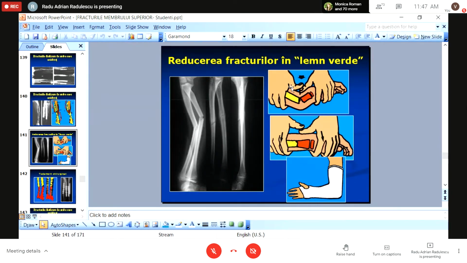And here is the only situation of an orthopedic treatment, but this time only in children, not in adults.